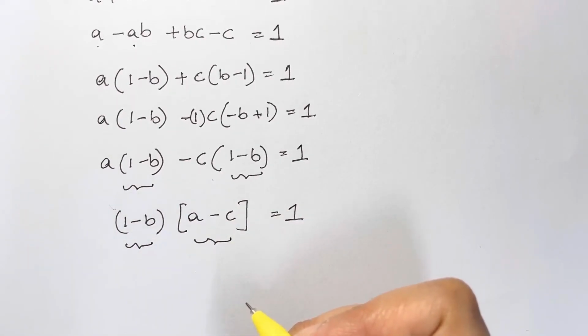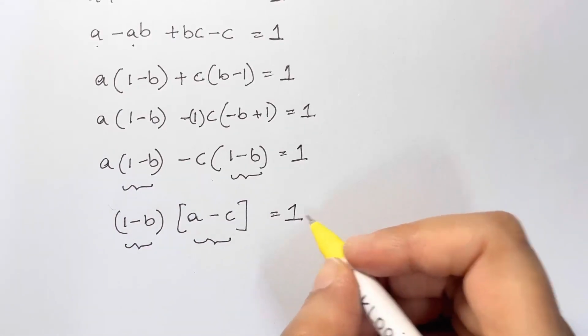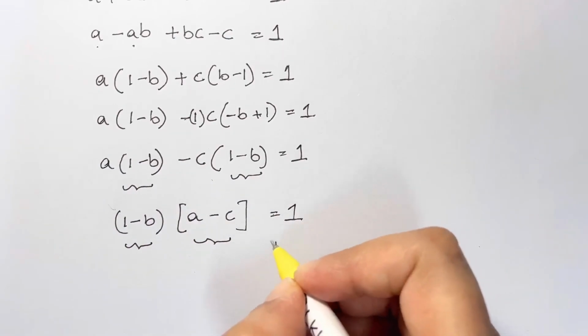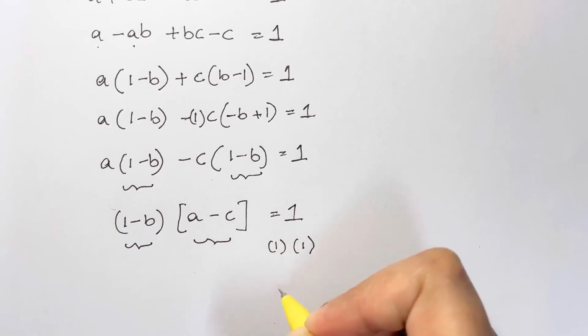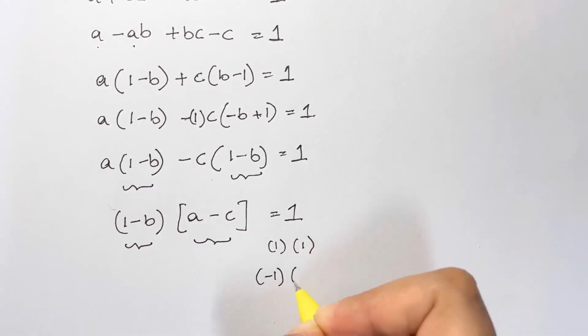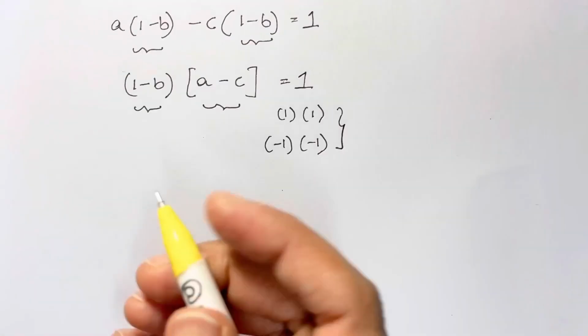So I have two factors, 1 minus B and A minus C. Now we need to find the values of A, B and C. So how many solutions can we have? Here there's 1. So 1 is a product of 1 times 1 and it can also be negative 1 times negative 1. So you have two solutions for this. Let's write down.